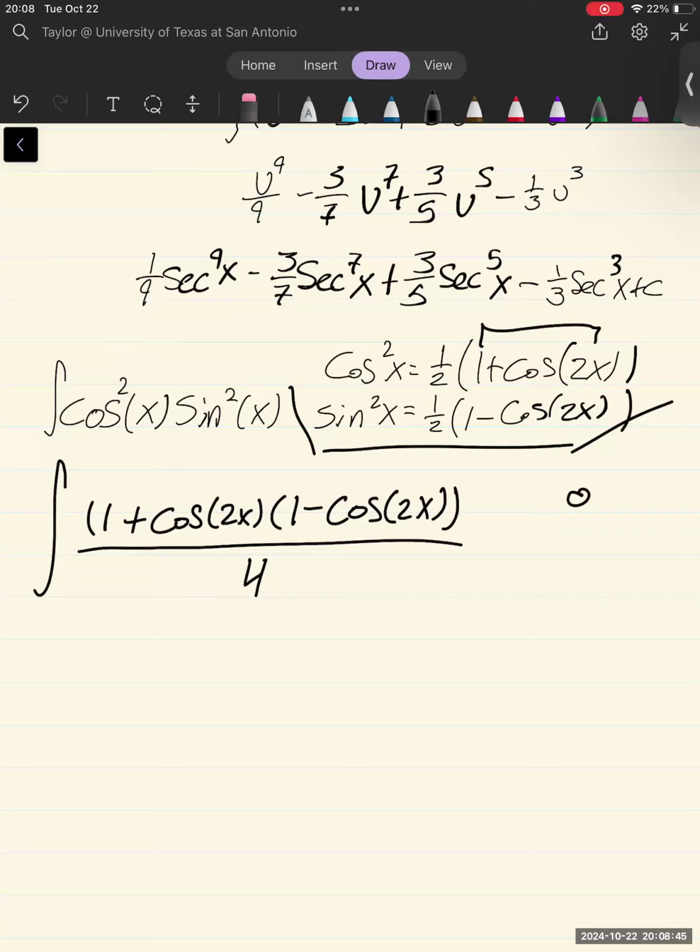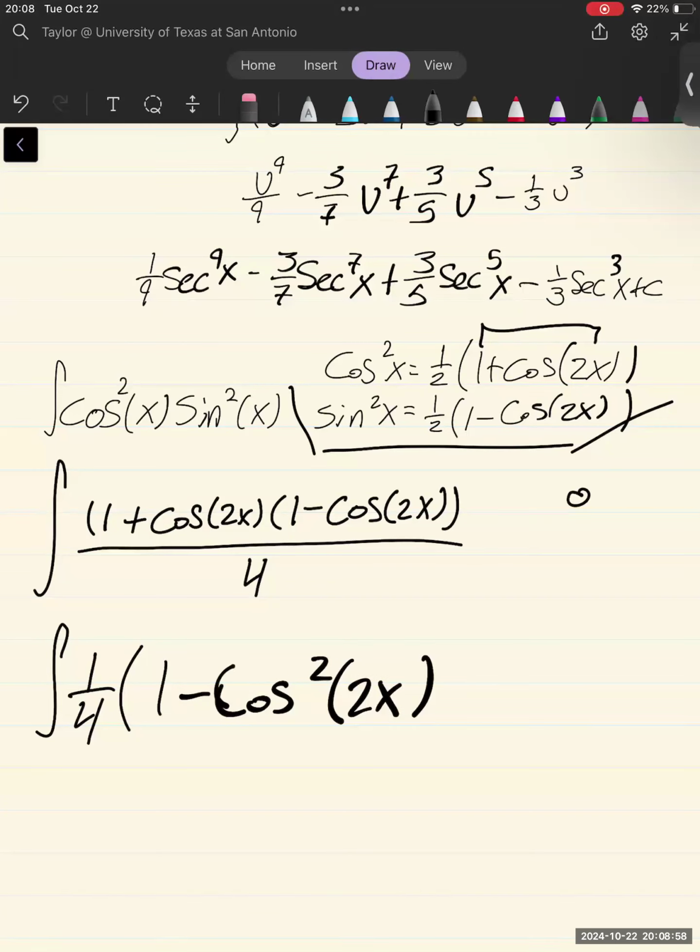Okay, so jumping ahead, I get 1/4 1 minus cosine squared 2x. All right. And so what's the next step here? What do we recognize?